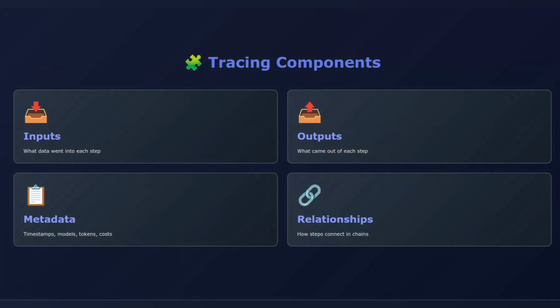Second, the outputs. What came out of each step? Third, the metadata. Things like timestamps, model names, token counts, and costs. And fourth, the relationships, how different steps connect to each other in your chain or agent. When you have all of this information, debugging becomes so much easier.